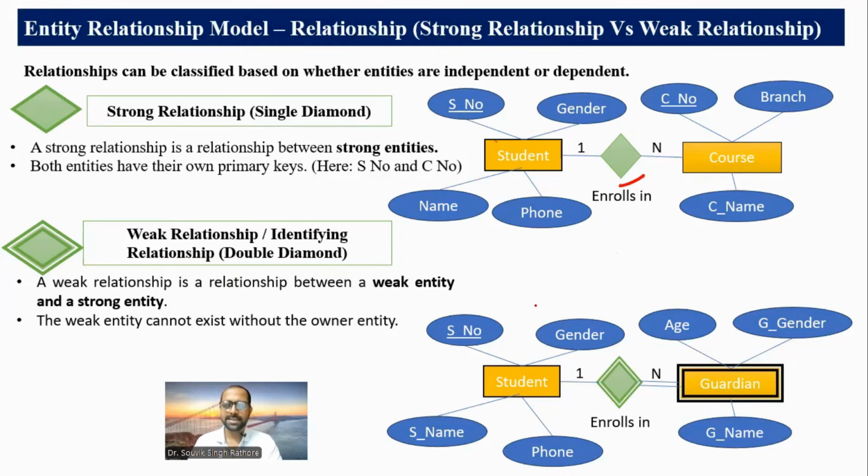A dependent such as a child or spouse recorded for an employee may be represented as a weak entity type in the database design. The dependent is associated with a particular employee and its identification can depend on the employee's key along with the partial key of the dependent. This has already been showcased in the previous lecture. You can go through the lecture on strong entity type versus weak entity type.